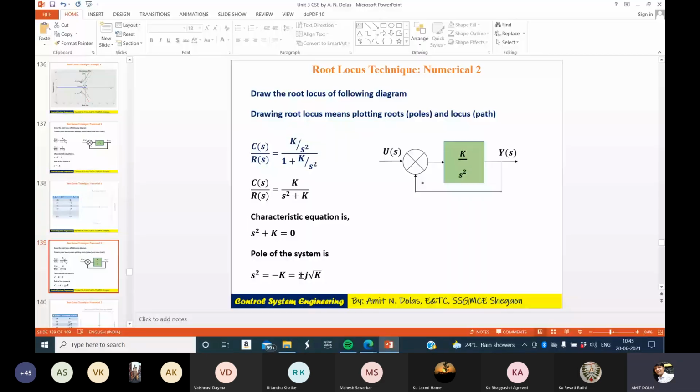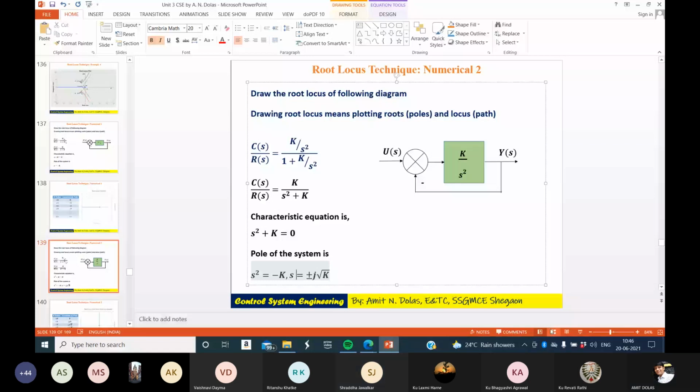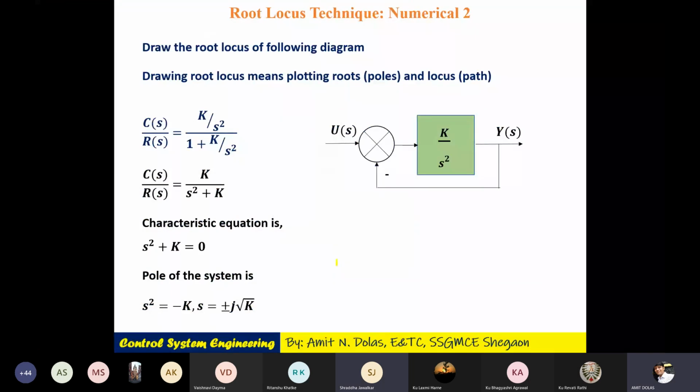As this s square is equal to k, then s will be equal to plus minus under root of k. Okay. So these are the roots, and of course it is a complex conjugate.